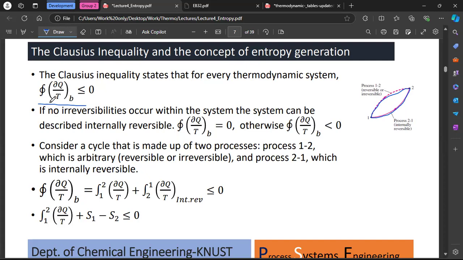And we've already spoken about this del Q over T term, which is going to be related to our entropy. The subscript B here represents the boundary. So we are looking at the change in heat per temperature at the boundary of our system. That's where we are doing our integration. And Clausius said that this should be less than or equal to 0.